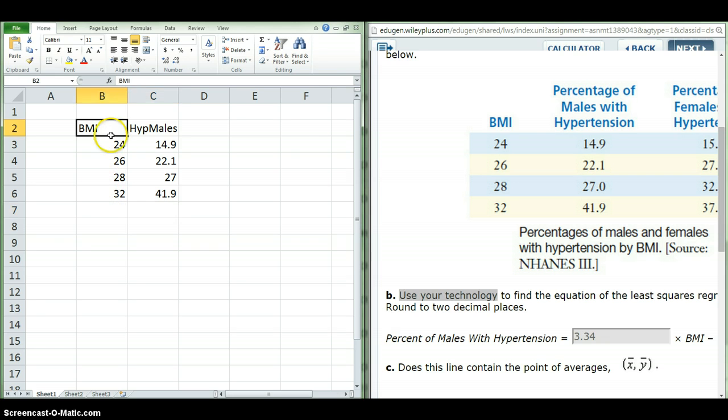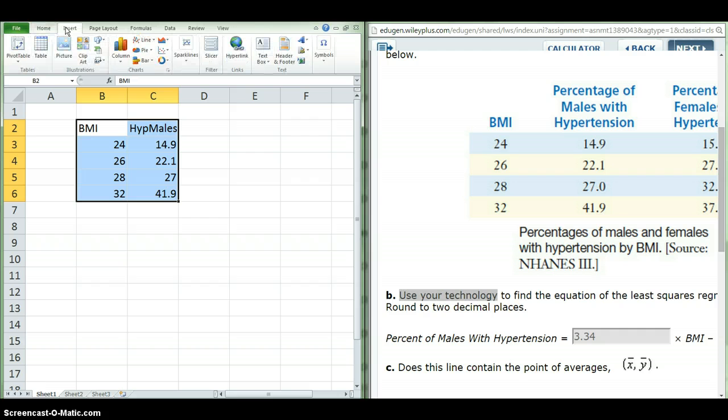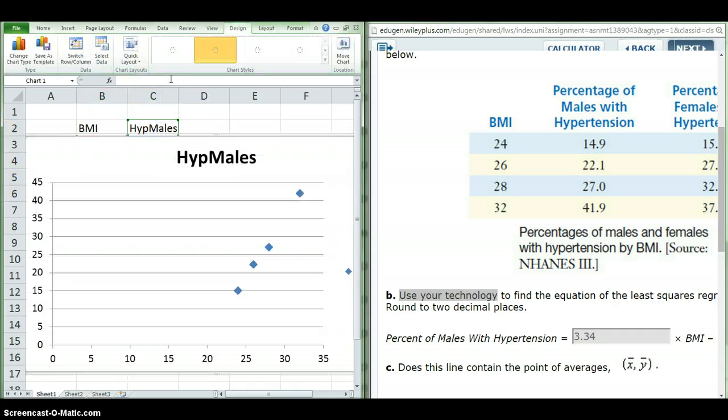That will make a difference. I'm going to highlight everything, go up to Insert, and get on Scatter Plots, Scatter. Okay, and here I get this scatter plot of my 4 data points.